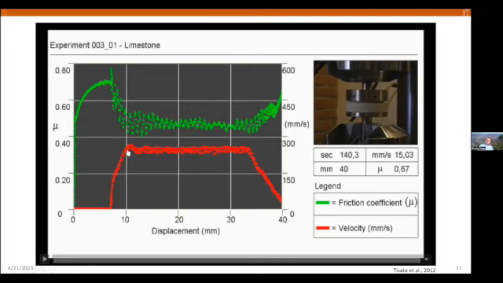The machine imposes the velocity and the displacement as a consequence, because this controls the time, right, at which this velocity is applied. And there is no feedback from the fault and from the processes happening in the fault. In other words, if the fault, for some reason, is going to fight back the movement, because, for example, a strengthening process is occurring, then the machine will simply put more energy in order to maintain the velocity constant.